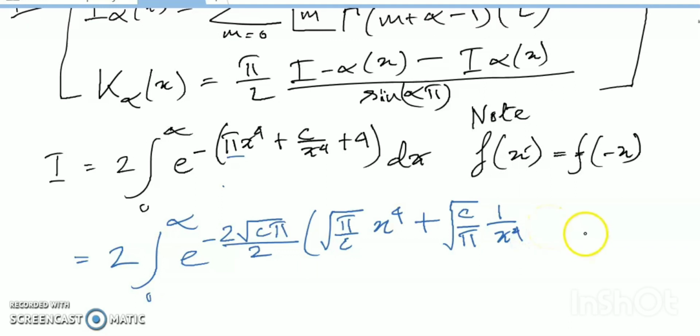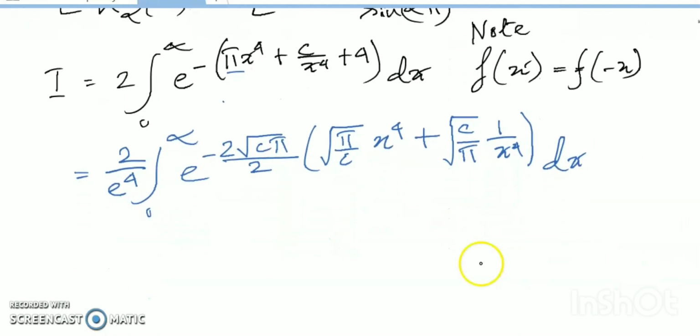So this can be written this way, 2 divided by e to the power 4 into dx. Okay, so x to the power 4, then you can see that we can adjust.